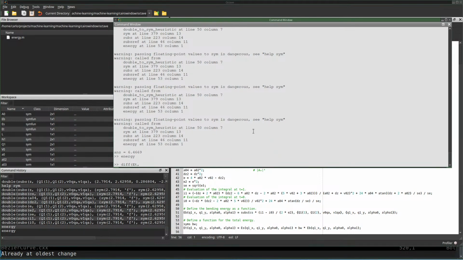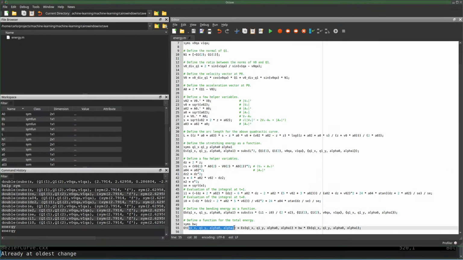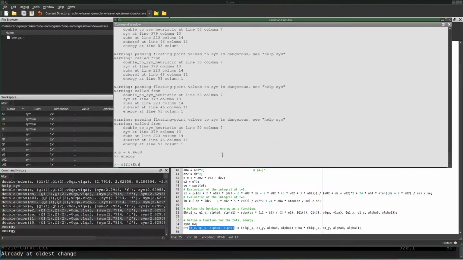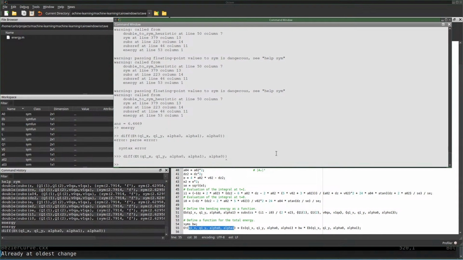Let's see how this goes wrong. And I don't even know if I have to type in alpha 0 now. Can I use this as well here? Random attempts. Differentiate with respect to alpha 0. Syntax error.